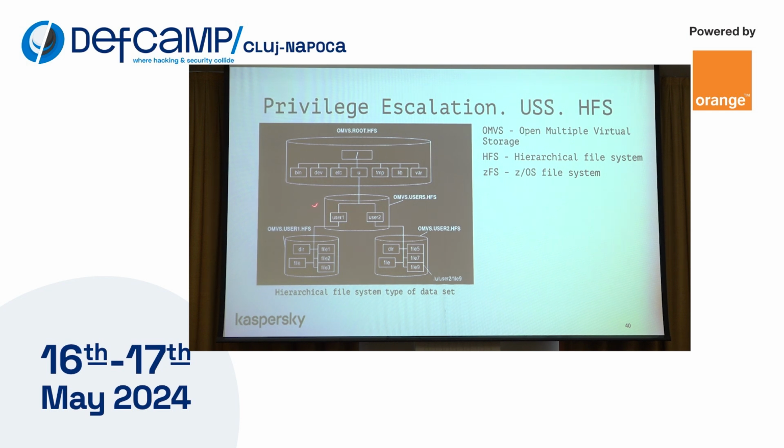And here is an example of how directories and files of the Unix subsystem are stored in dataset format. Thus, if you can set the APF flag on a file in the Unix system, you may find it in the time sharing options resource manager and escalate your current privileges in time sharing options.